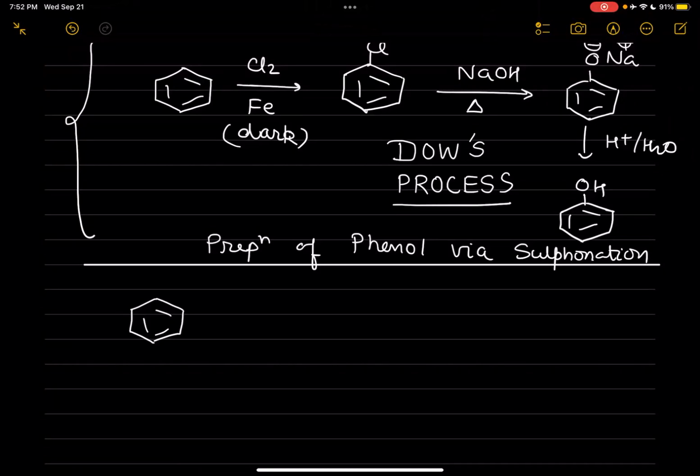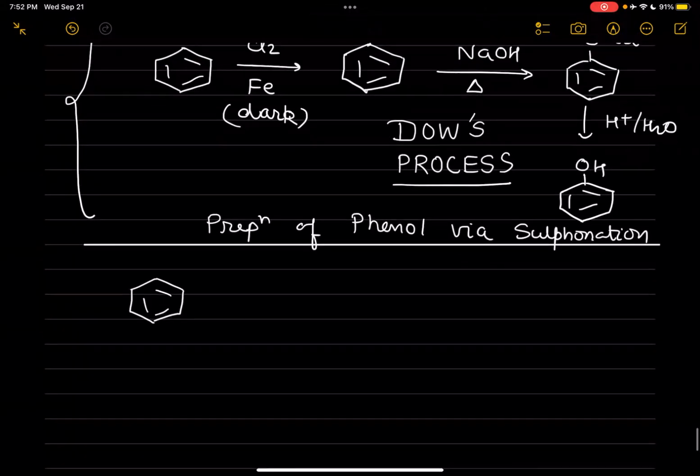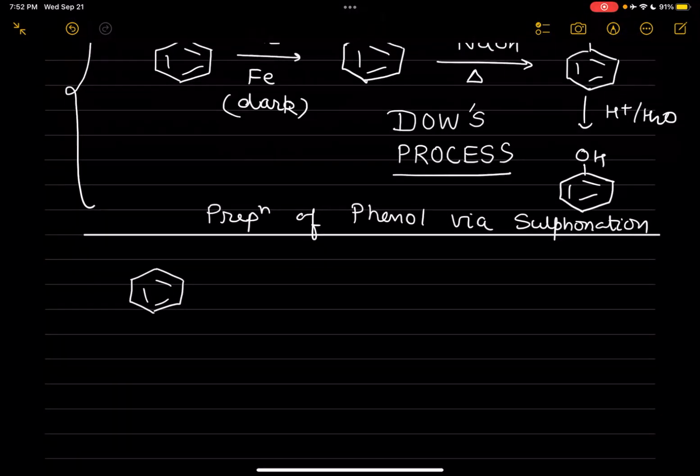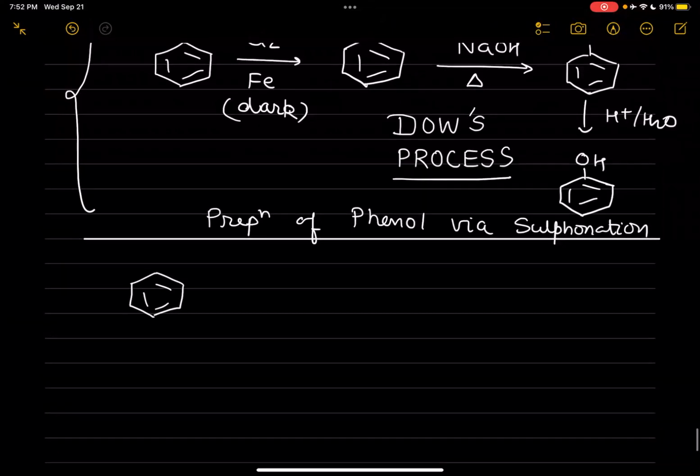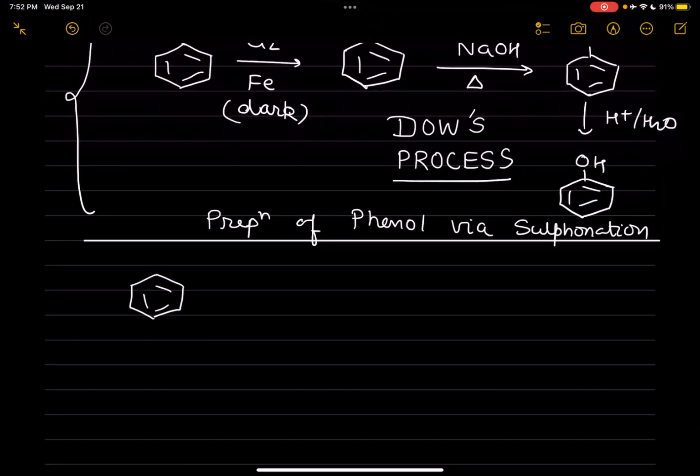And the hydrogen will not be removed so easily. It is a very strong bond. So you bring in some group which can be removed easily, and then you bring in the OH minus so that the group can be substituted.